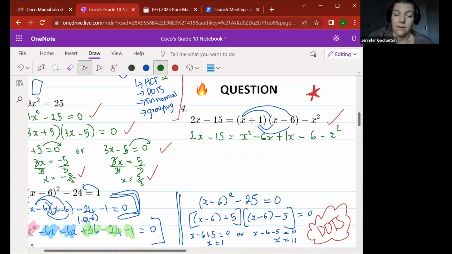Okay. Second step, I'm moving everything to one side, making it equal to 0. You can also simplify before this step if you wanted to. 2x minus x squared plus 6x minus x plus 6 plus x squared is equal to 0.